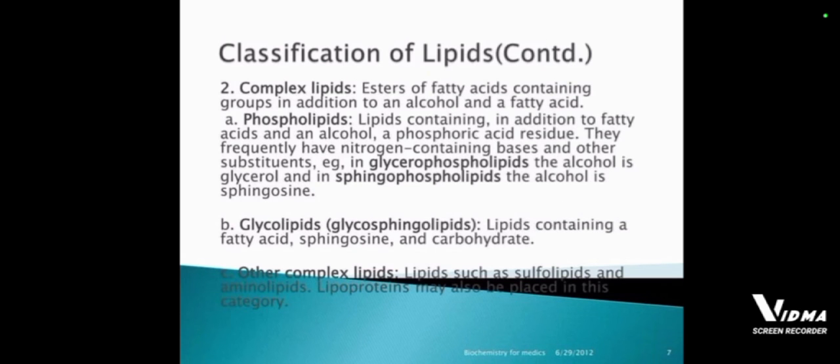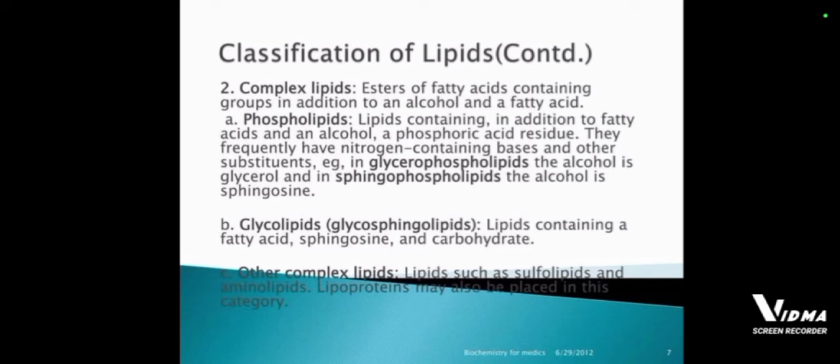The second one is complex lipids: esters of fatty acids containing groups in addition to an alcohol and a fatty acid. First, phospholipids: lipids containing, in addition to fatty acids and an alcohol, a phosphoric acid residue. They frequently have nitrogen containing bases and other substitutions.